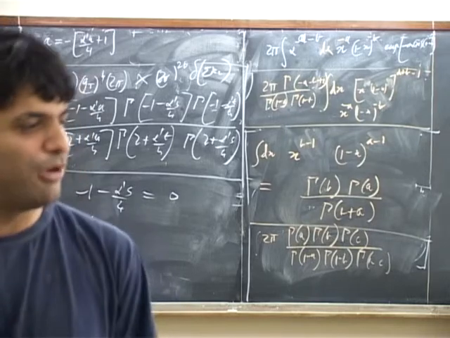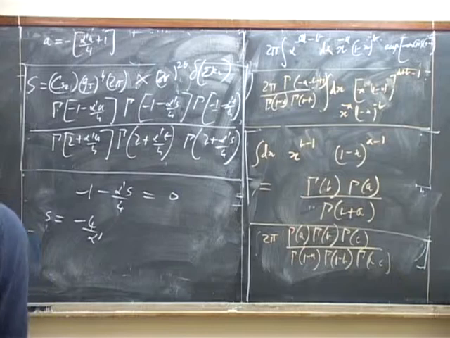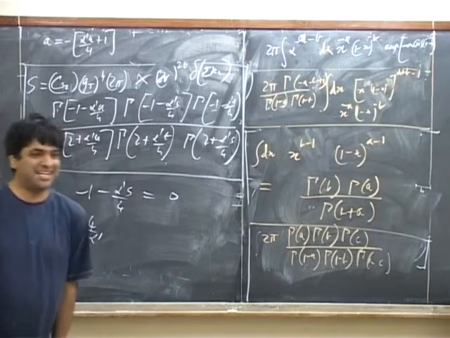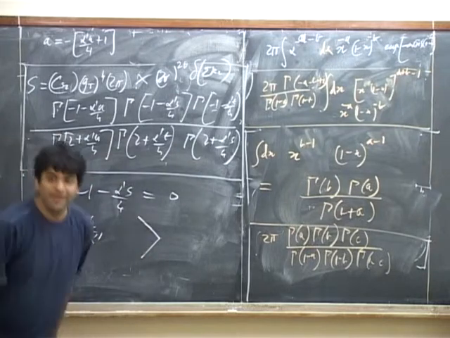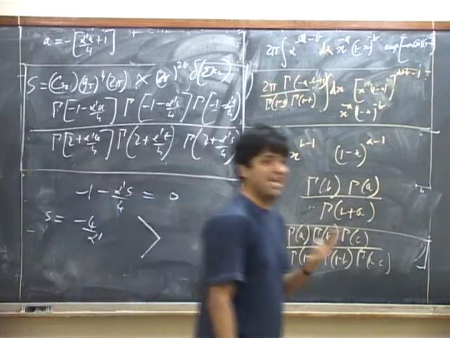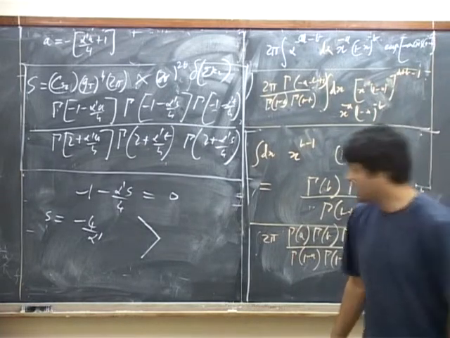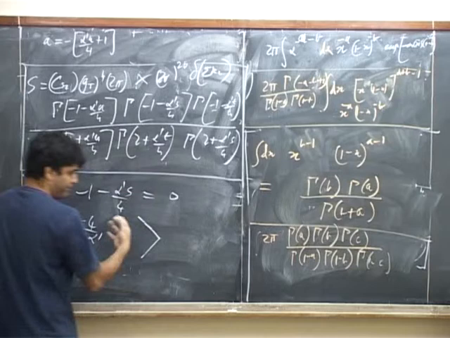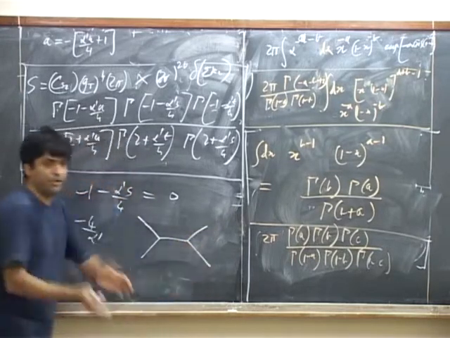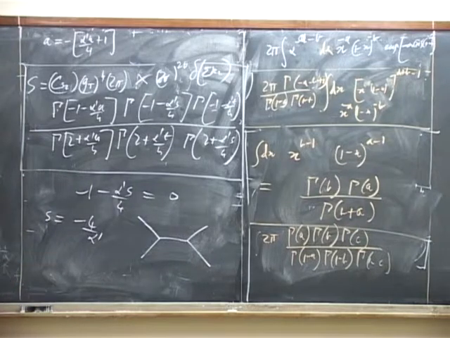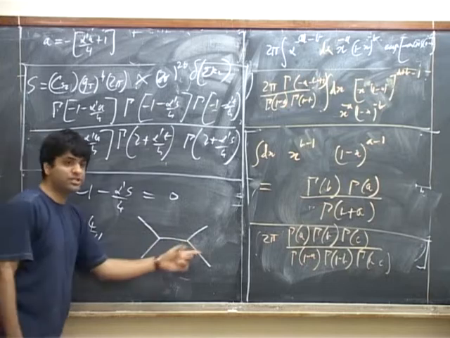Now what does it mean to have a pole at s equals minus 4 by alpha prime? Somebody tell me. Exactly. We've already seen that our theory has a 3 tachyon vertex. In fact, we calculated it. So if you have 2 tachyons propagating, getting scattered into a third one, that contributes to this diagram that I drew, where all lines are tachyons.